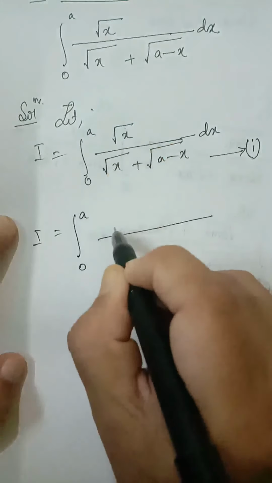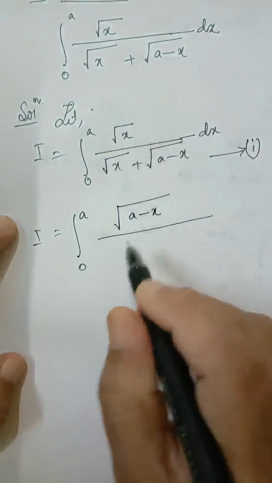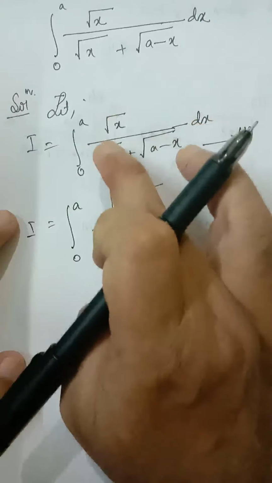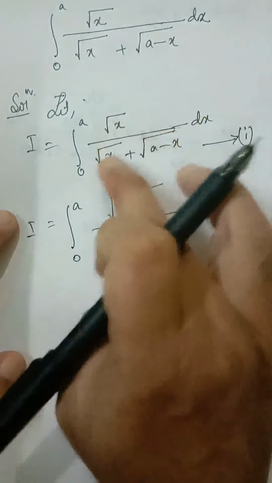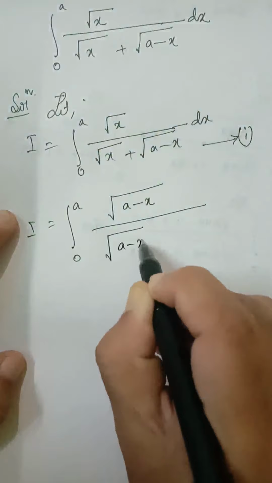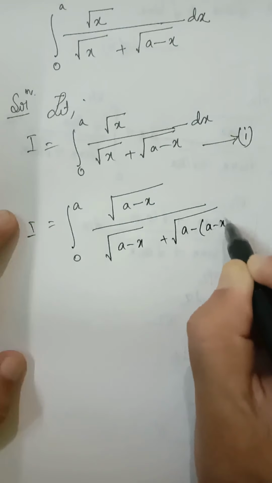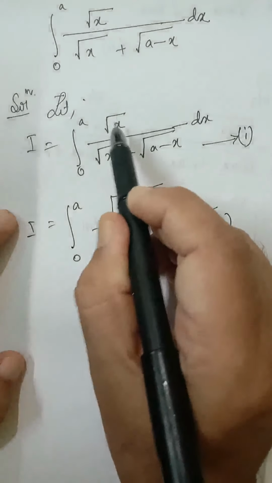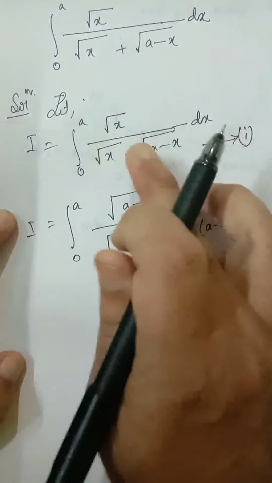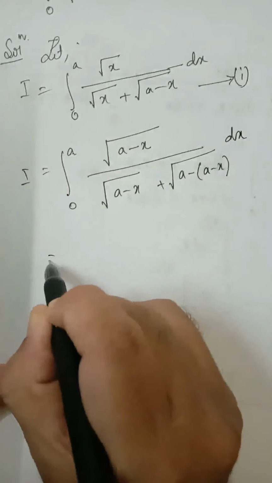Here we have 3 terms, 1, 2, 3, and in each term we will replace x by a minus x. We have replaced all x by a minus x. So if we replace x by a minus x, the value of the integral will remain unchanged. This is property number 2.